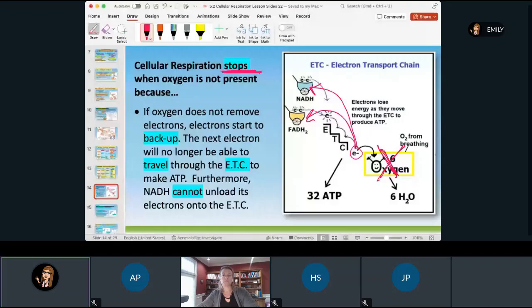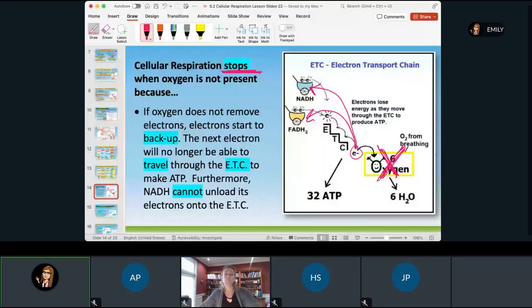They filled up the train, everyone was happy. So when they got dropped off, they needed to make another molecule. And if there's no oxygen, they can't make water molecules. So they go back into the trains. And that would mean that the electrons wouldn't be able to travel down to make any more ATP.